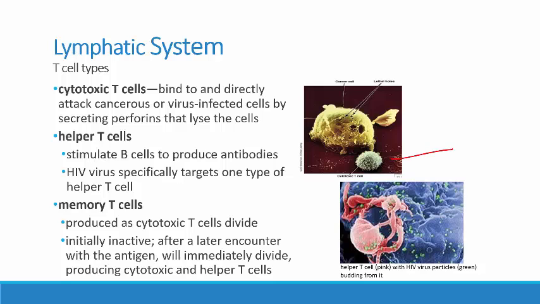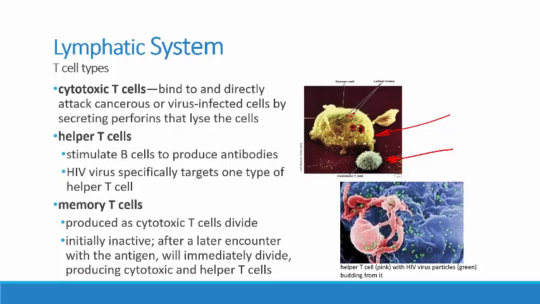So here we see a cytotoxic T cell. Here is a cancer cell that it's interacted with, and you can see the holes that the perforins have made in that cell. Okay, so that's a cytotoxic T cell that helps to destroy a cancerous or virus-infected cell.